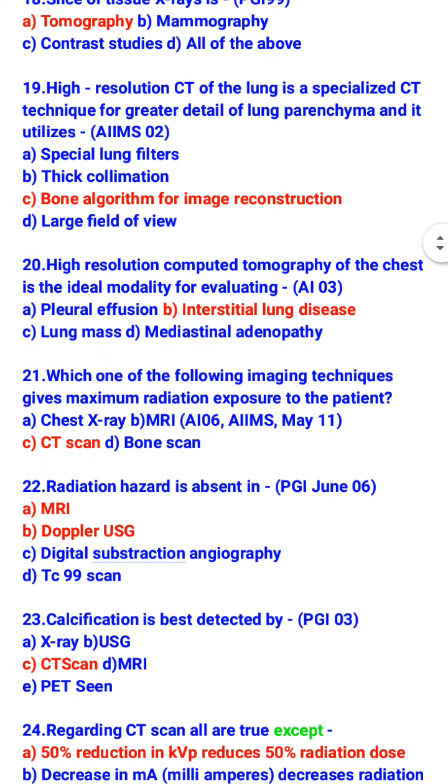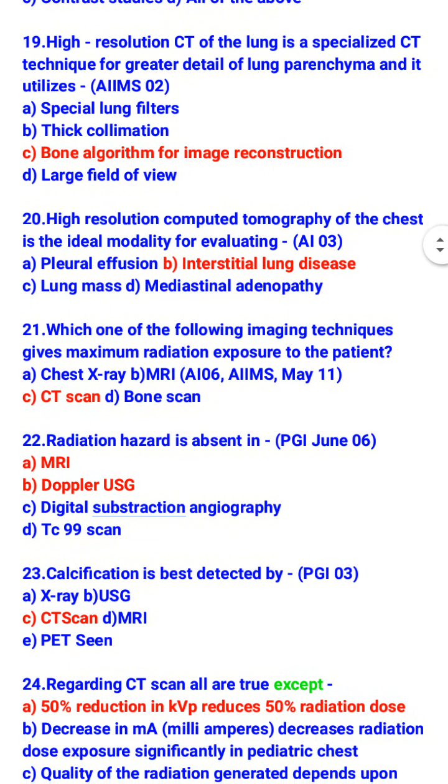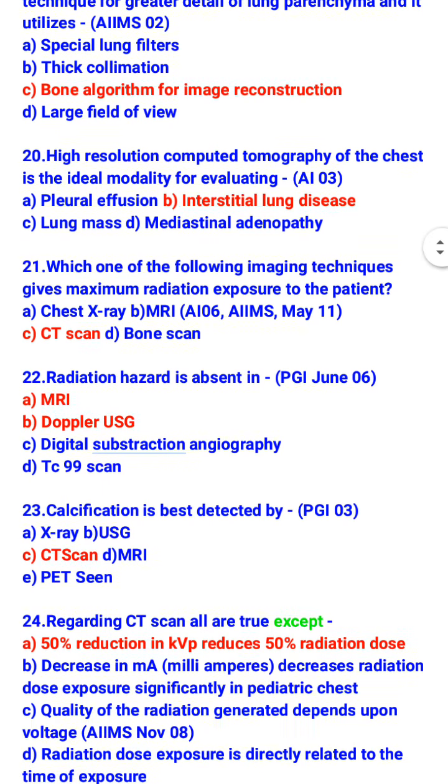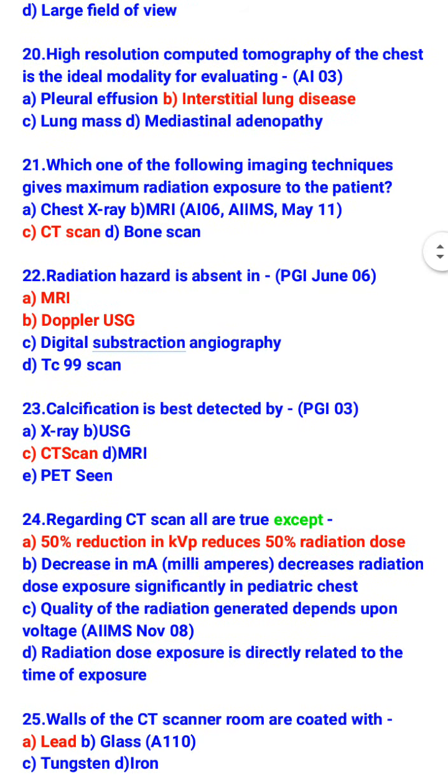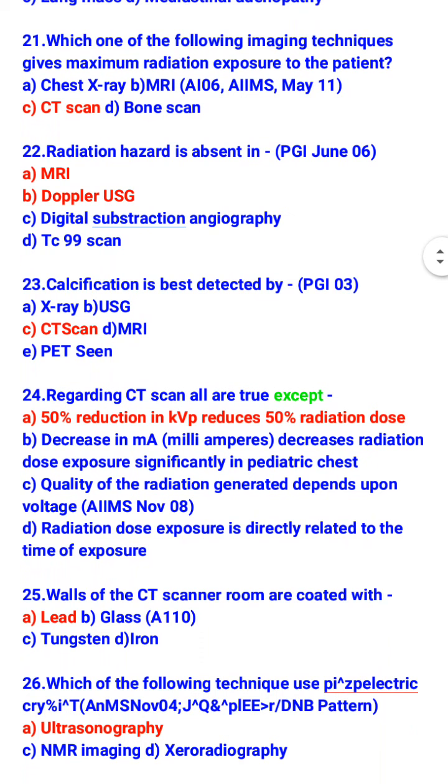Which one of the following imaging techniques gives maximum radiation exposure to the patient? CT scan. Radiation hazard is absent in MRI and Doppler USG. Calcification is best detected by CT scan. Regarding CT scan, all are true except: 50% reduction in KVP reduces radiation dose by 50%.